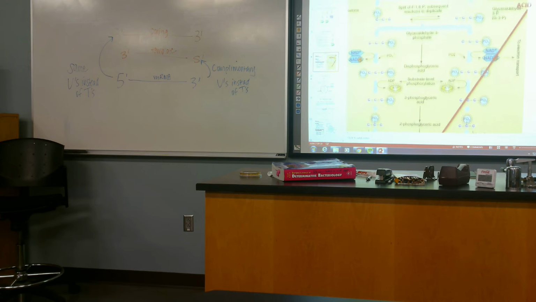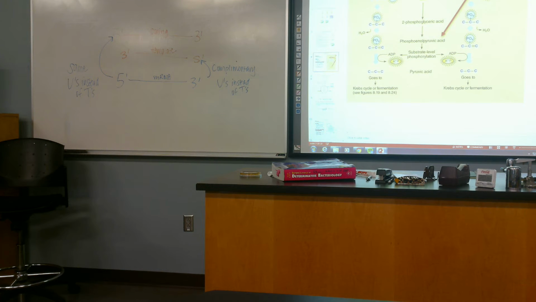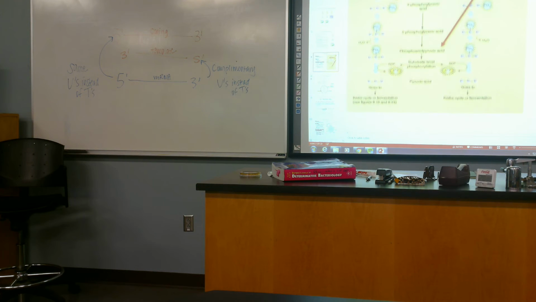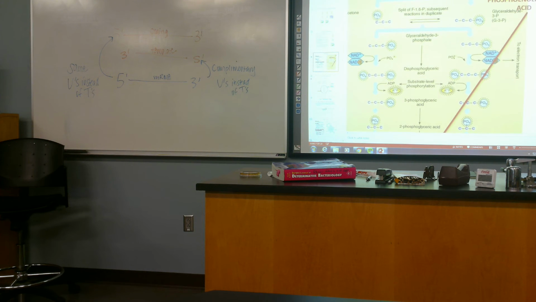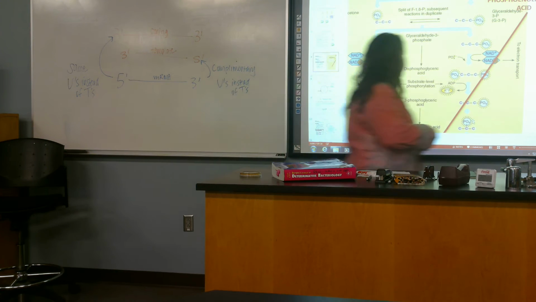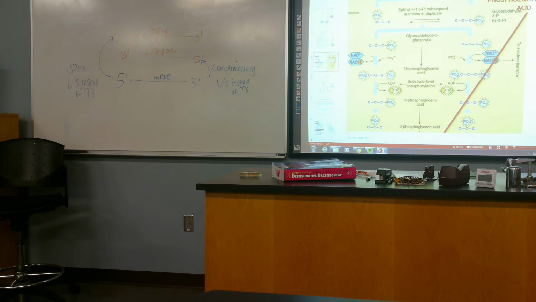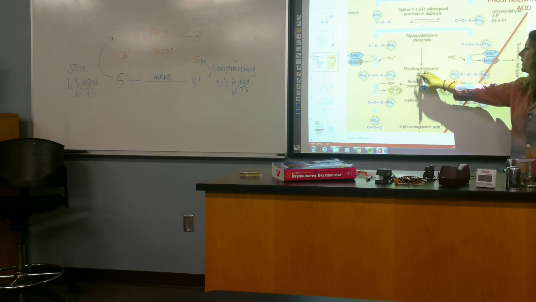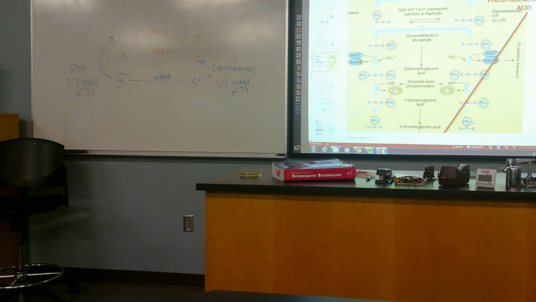Okay, so a great example of substrate level phosphorylation is right here. Actually I'd like to use the example that's right up here. Same idea. So let's write this out. We have a molecule here called diphosphoglyceric acid.